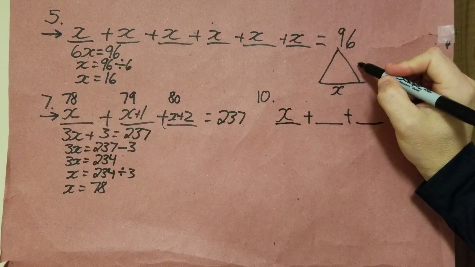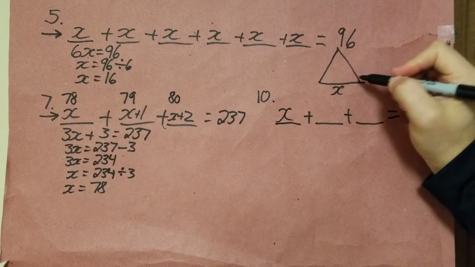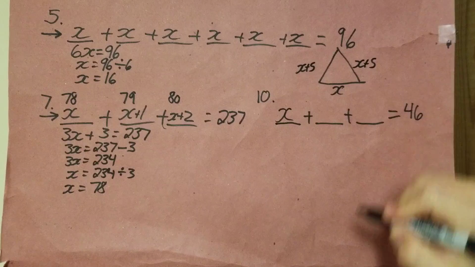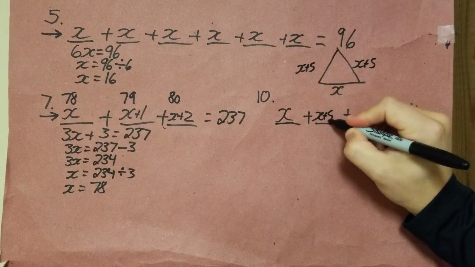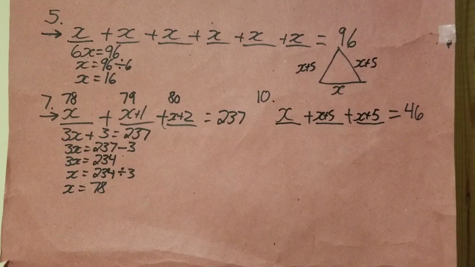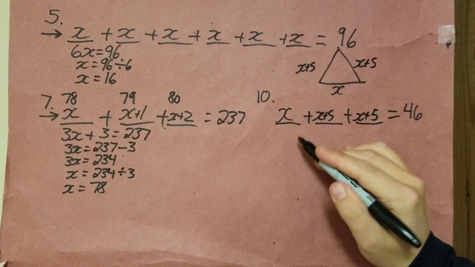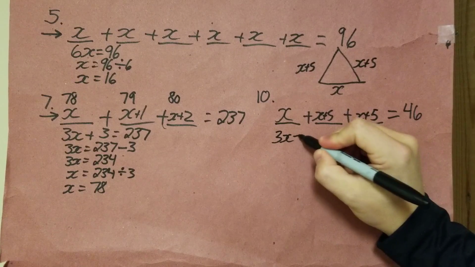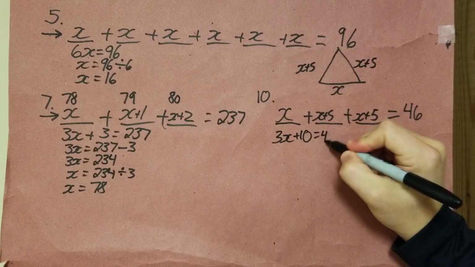And each of these sides is 5 centimeters greater. So this is x plus 5 and x plus 5. So I'm going to do x plus 5, x plus 5. And there we go. Now I have an algebraic equation. Now I'm going to simplify again. 1, 2, 3 x's. 5 and 5 is plus 10 equals 46.